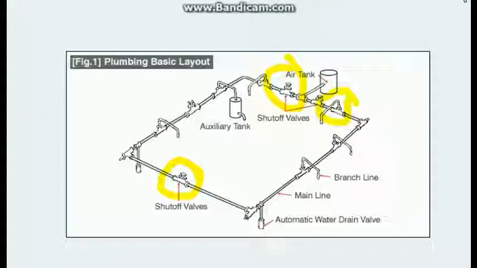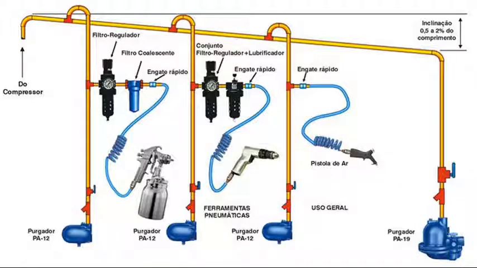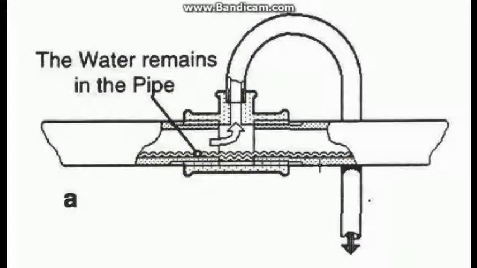This limits the area that will be shut down during periods of maintenance or repair, unless an efficient aftercooler and air dryer are installed. The compressed air distribution pipe work acts as a cooling surface, and water and oil will accumulate throughout its length.